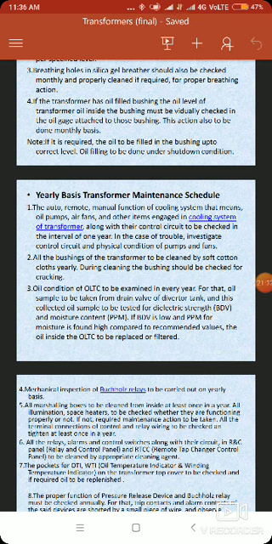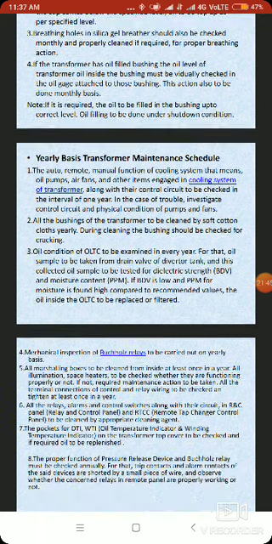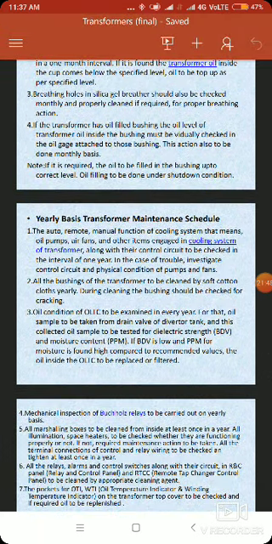So we have a separate tank for it, so that it does not mix with the main tank. Both mechanisms are different. We have a different conservator for the main tank, and there is a complete system with the diverter switch and the tap mechanism.